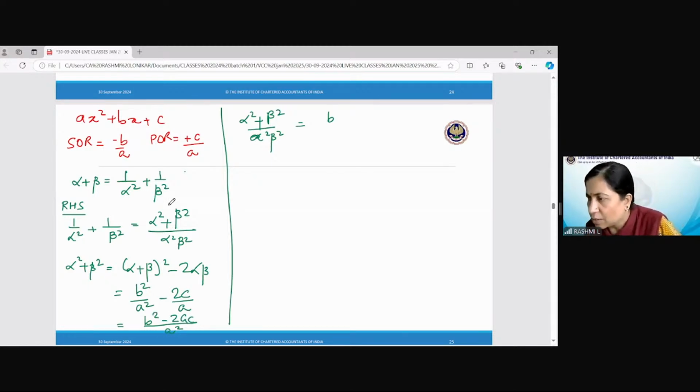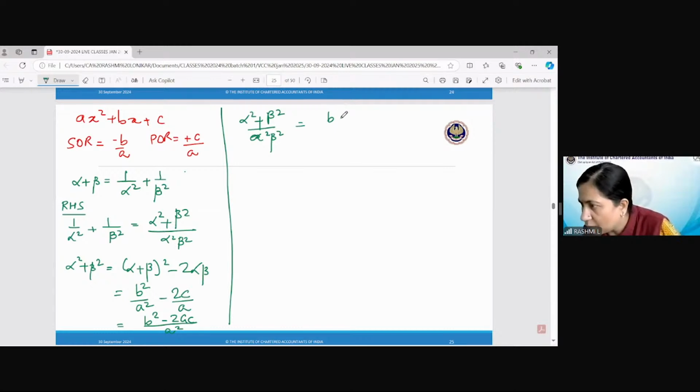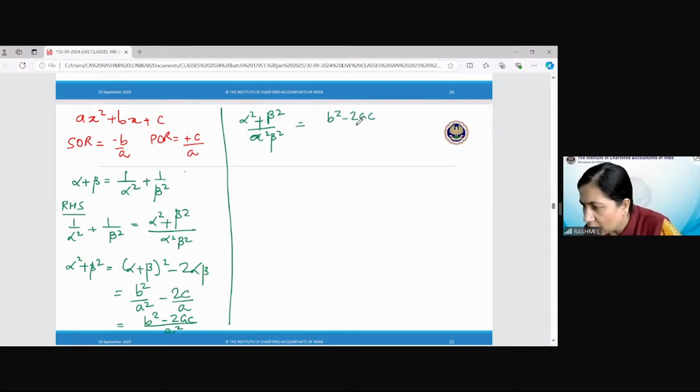Okay, so this is equal to b square minus 2ac upon a square upon alpha square into beta square is c upon a whole square, c square upon a square. Any fraction in the denominator will get flipped. This is equal to b square minus 2ac upon a square into a square upon c square. This a square gets cancelled. You are left with this. So this is equal to this much.